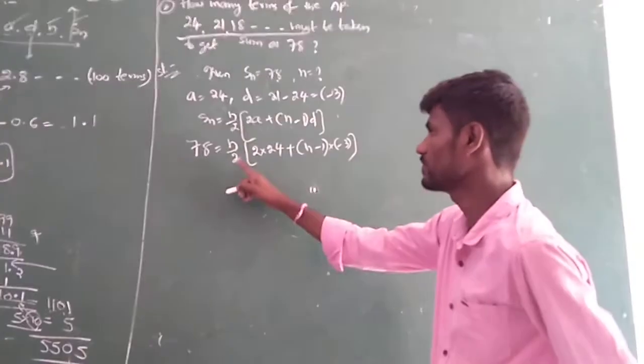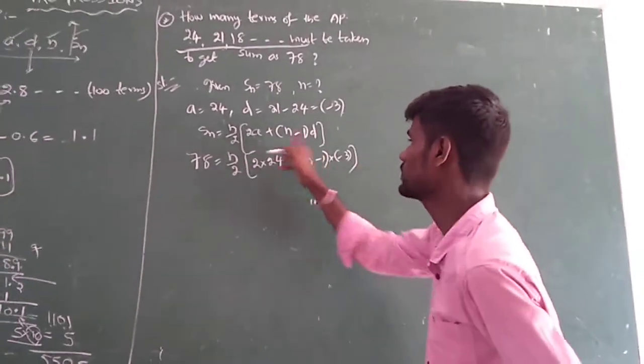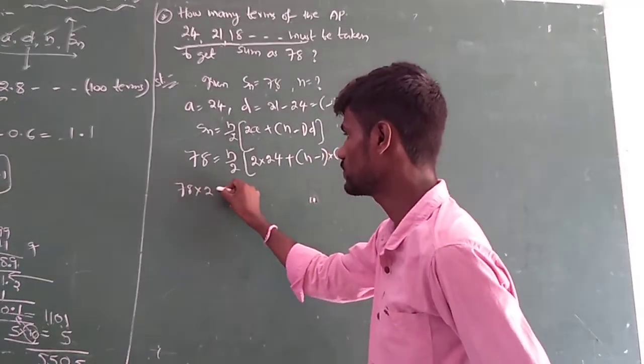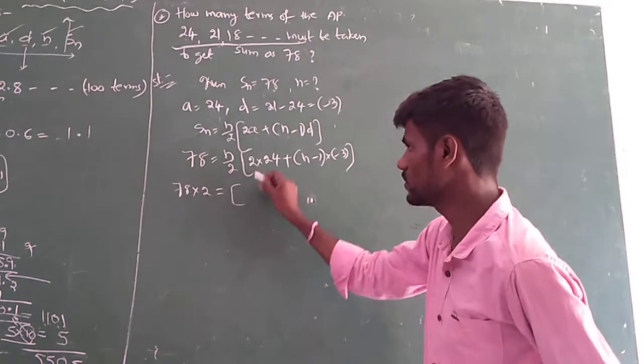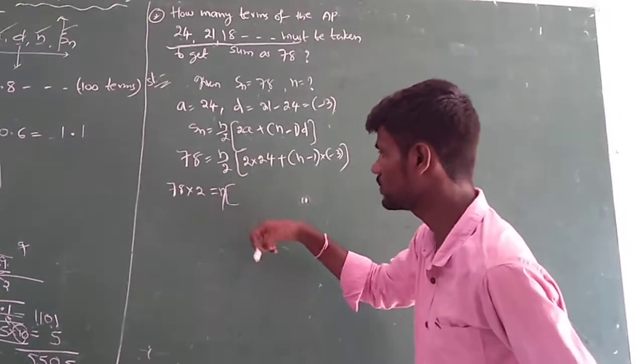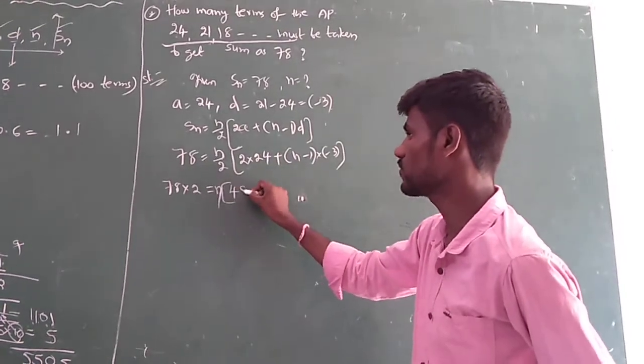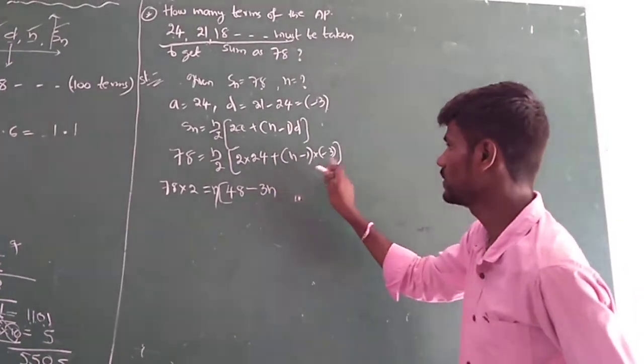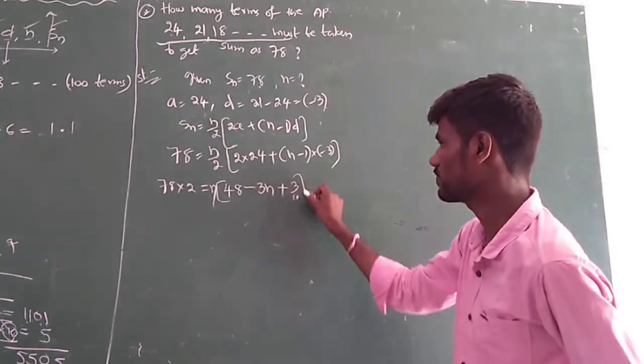If we simplify, 2 divides the entire right part, so taking it to the opposite side, multiply 78 into 2, equals n times (2 into 24, which is 48, plus minus 3 into n, minus 3n, and minus into minus is plus 3).